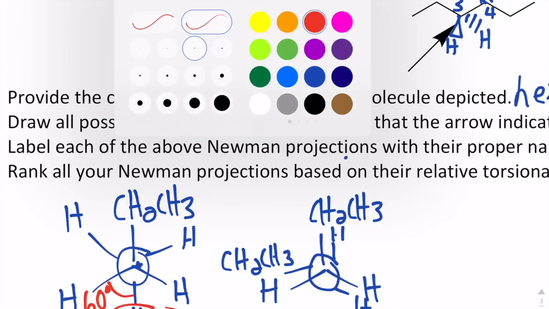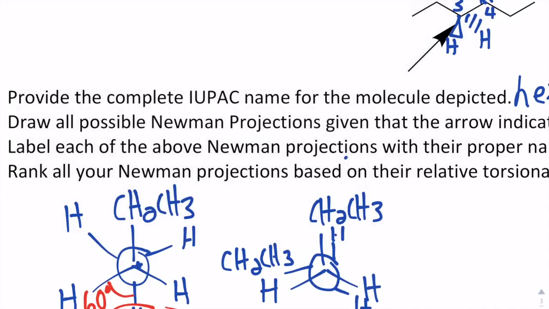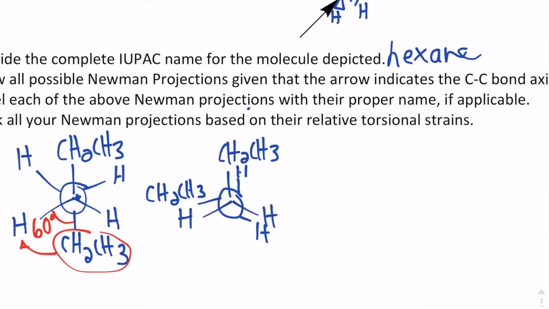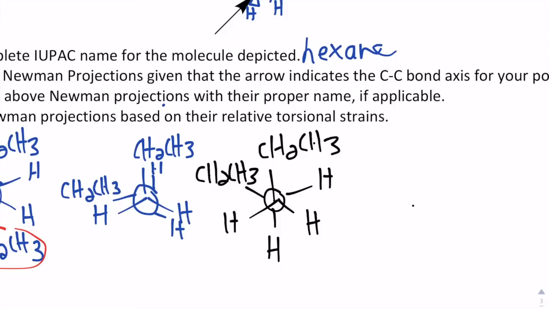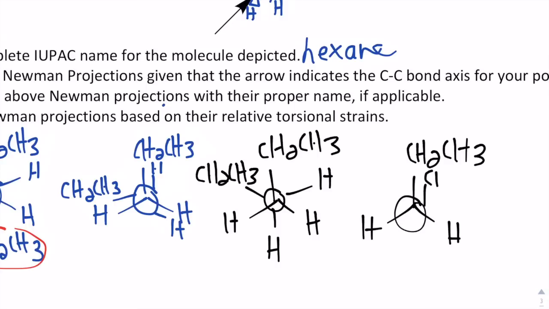And you want to keep doing that until you've done everything. So let's keep that first carbon the same as it was, with the ethyl group going up. If I rotated the back carbon one more time, 60 degrees, we would see that we have this structure. Keep going. If I keep that first carbon the same and rotate again, that would be that.